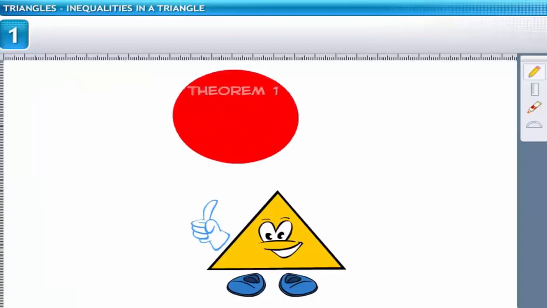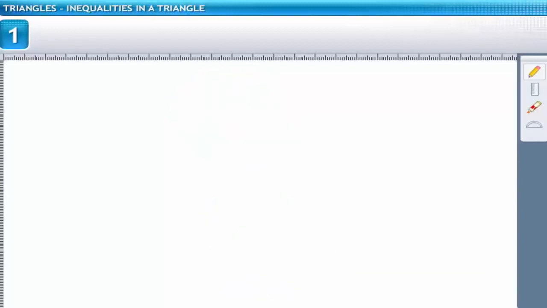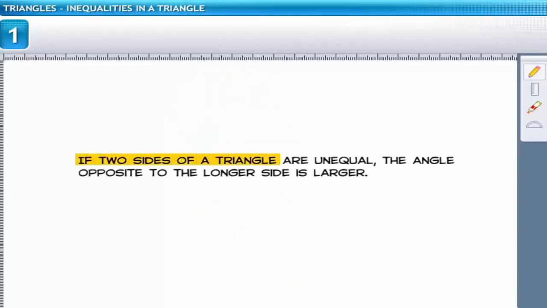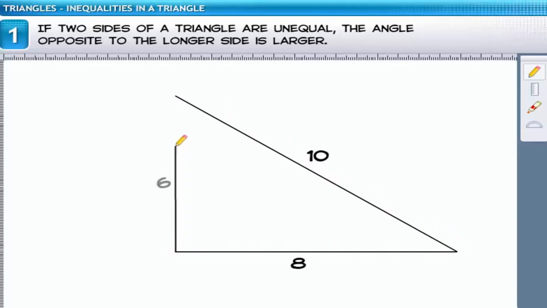By using the observation, we shall verify two theorems. The first theorem says that if two sides of a triangle are unequal, the angle opposite to the longer side is larger. To understand this theorem, let's use the first triangle. For example, let's consider the 10-unit, 8-unit, and 6-unit sticks in the first triangle.